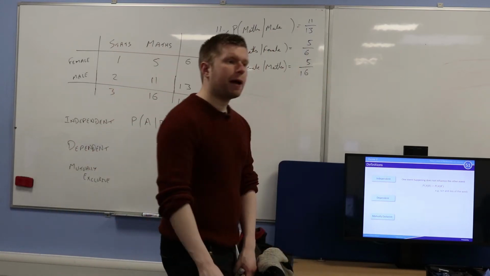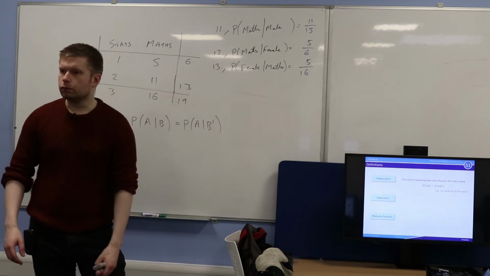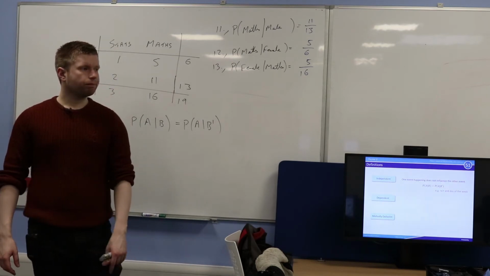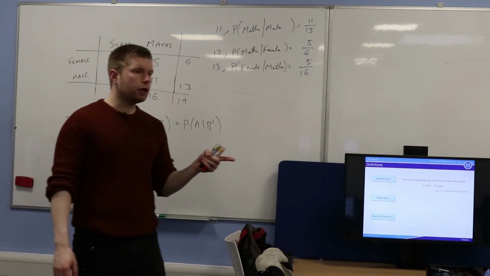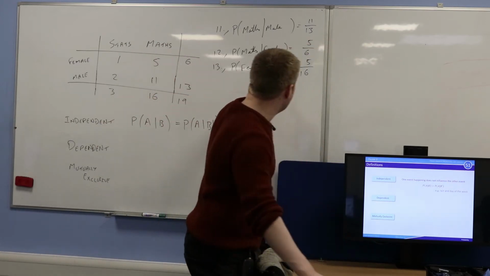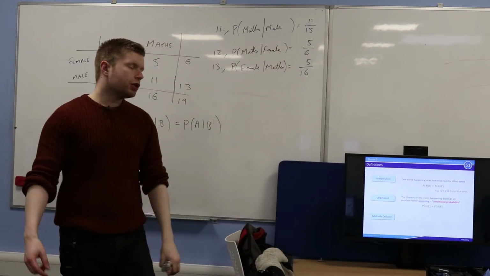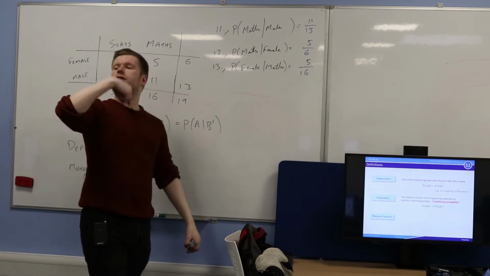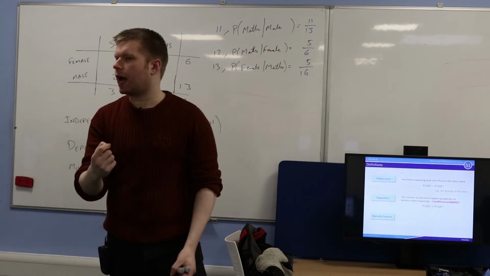All right, so what's dependent then? Yeah, absolutely. So this is introducing this idea of conditional probability, right? The chance of one event happening does depend on whether the other thing has happened or not.